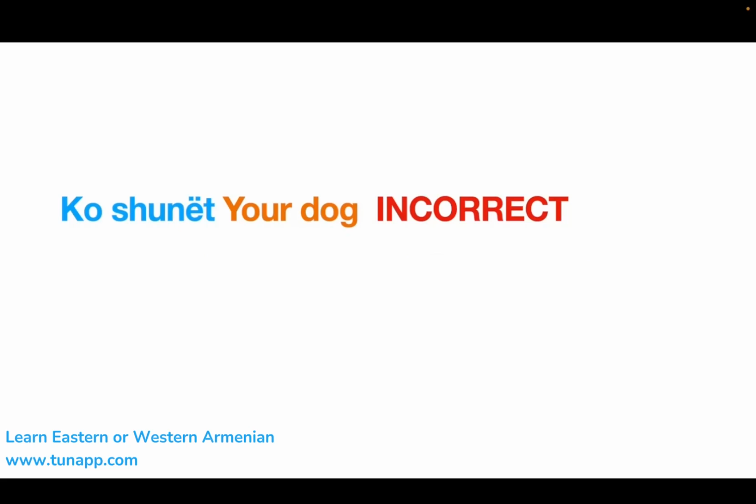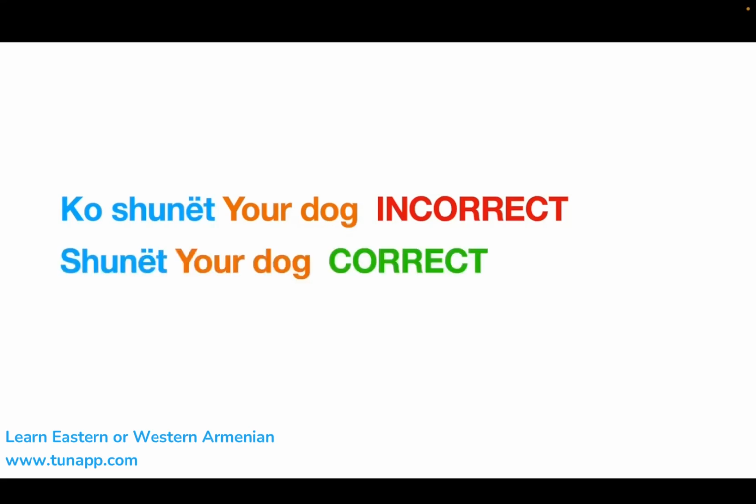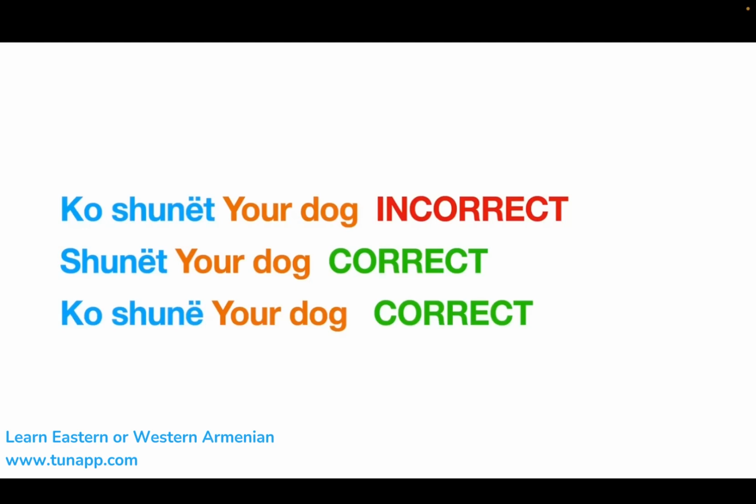What this means in practice is that we wouldn't be saying ko shunut, your dog, because in this case the literal translation is ko, your, shun, dog, ut, your dog, your, and so that wouldn't be correct. Instead, we would say shunut, meaning your dog, or ko shun, your dog.